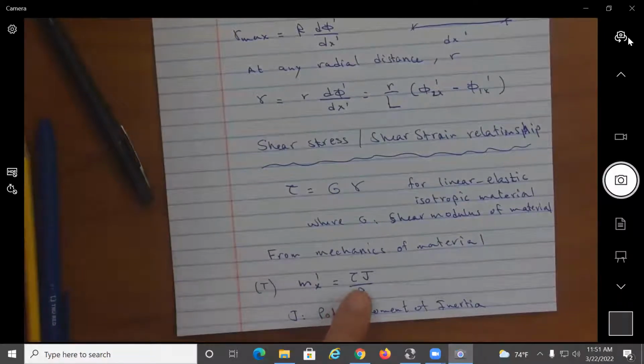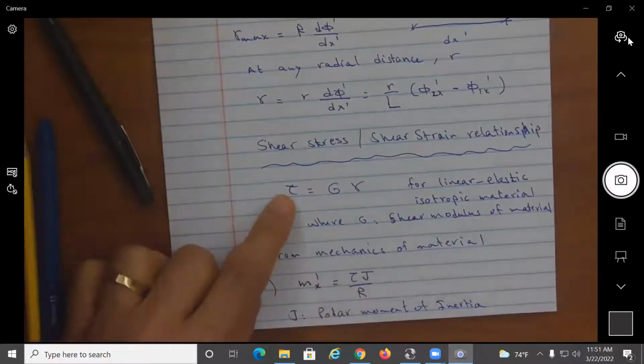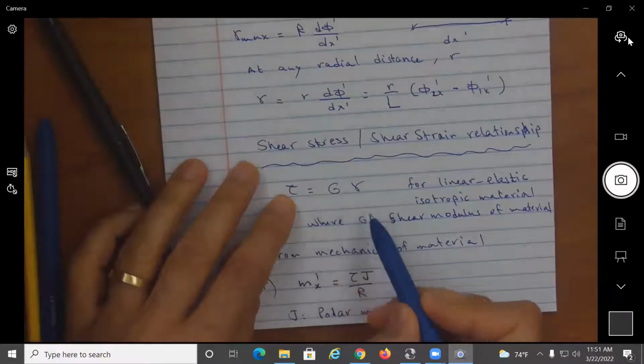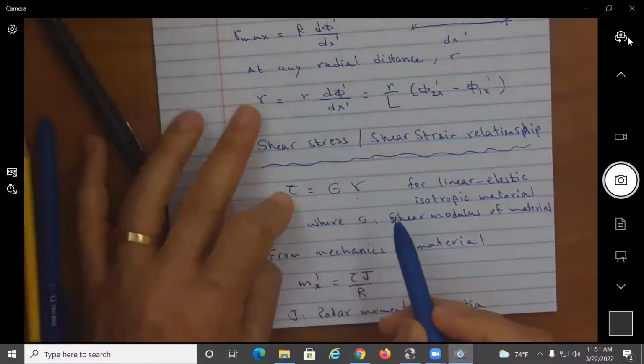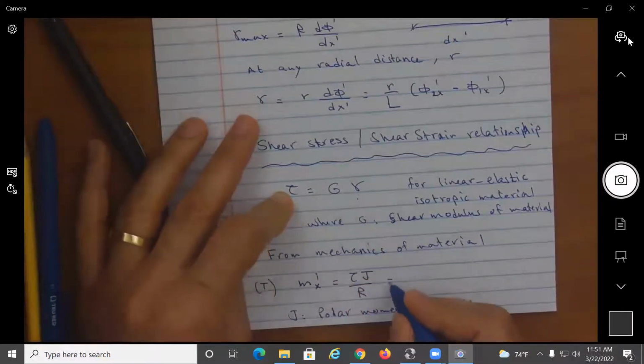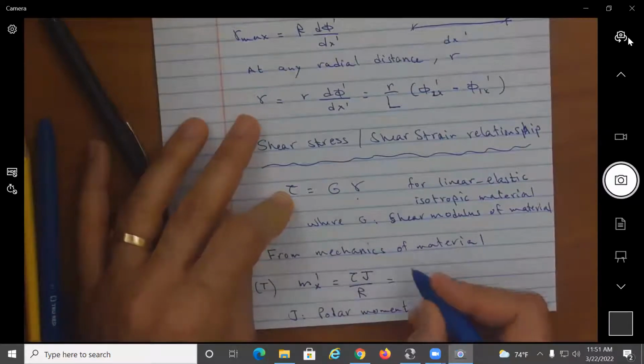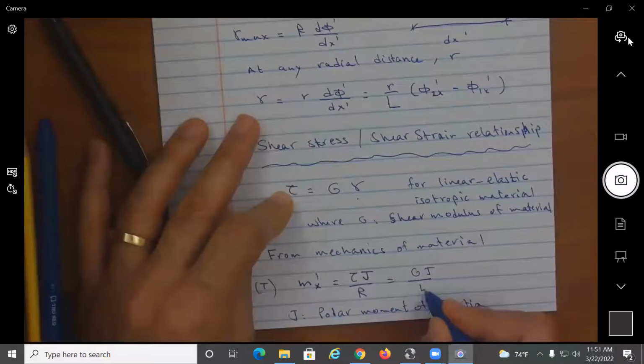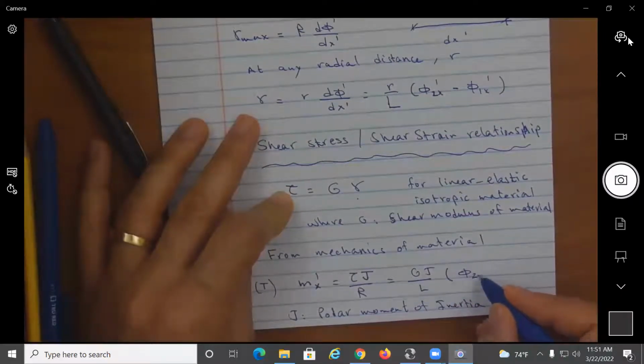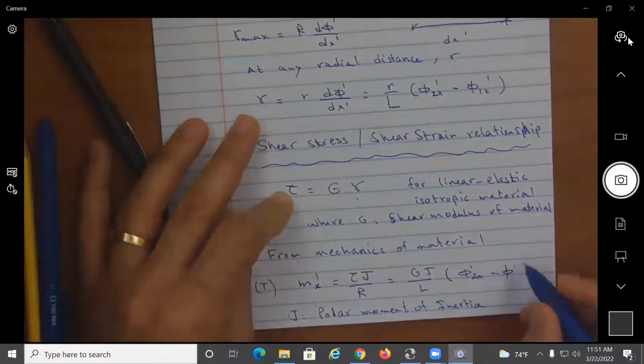If I substitute for tau, knowing that tau is equal to G times gamma, and here is gamma, I can express mx prime as GJ divided by L multiplied by phi 2x prime minus phi 1x prime.